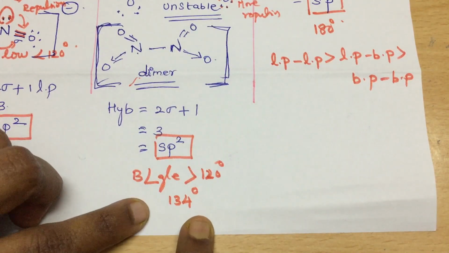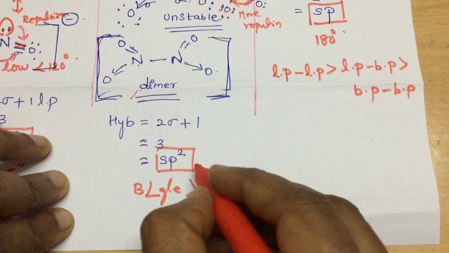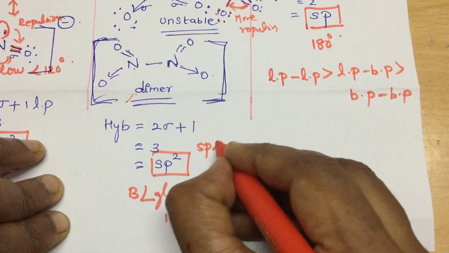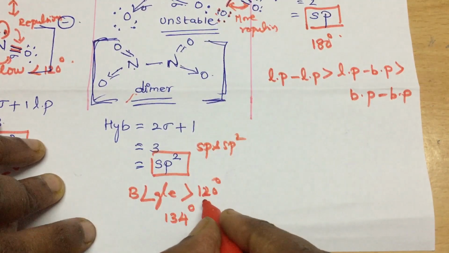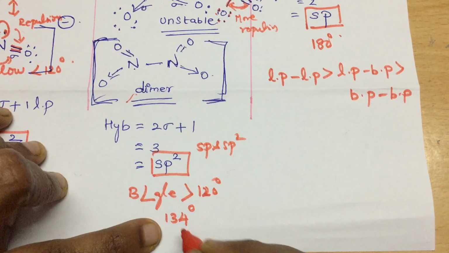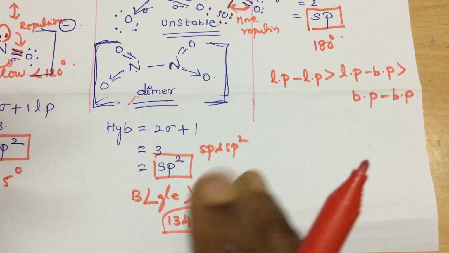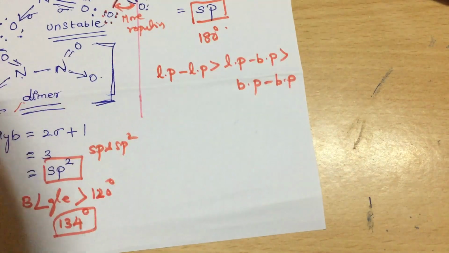If you see this, the bond angle is between sp and sp2, right? It is between 120 and 180. Please remember this. So what is the order of bond angle?